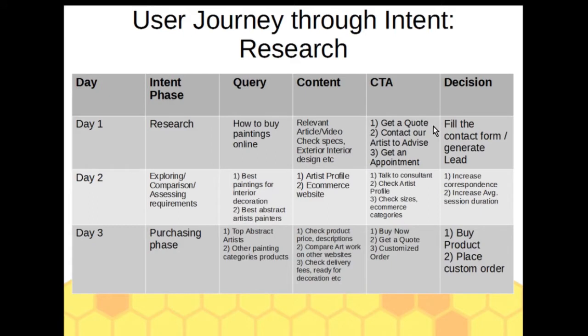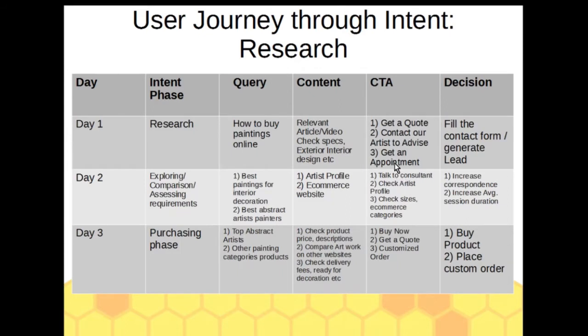You can say get a quote, or you can put this into a button, or you can display a small form in a widget that says contact our artist to advise you, or you can say get an appointment. So instead of making a sale directly after your search engine ranked pages have appeared and your user has clicked on that, they are reading your content, they see this small widget along with the contact form, or they look at the button.